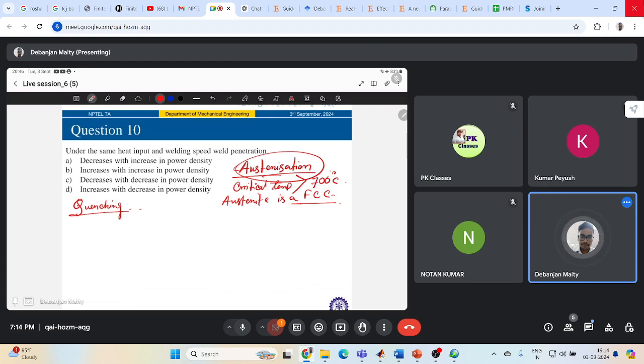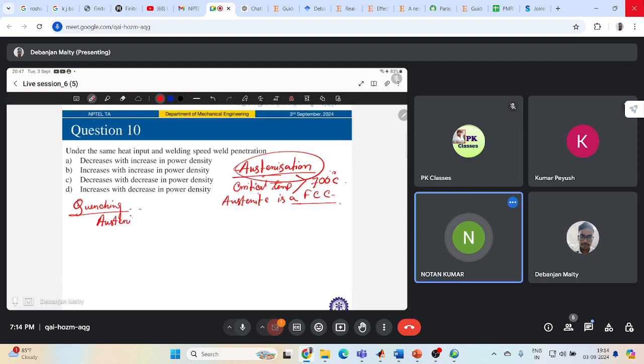You rapidly cool your steel material using some medium. It can be air quenching, water quenching, or oil quenching. So rapid cooling transforms your austenite into martensite.